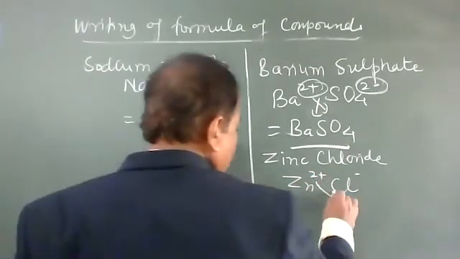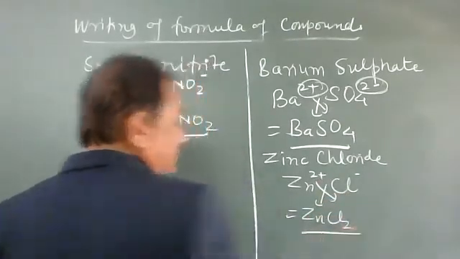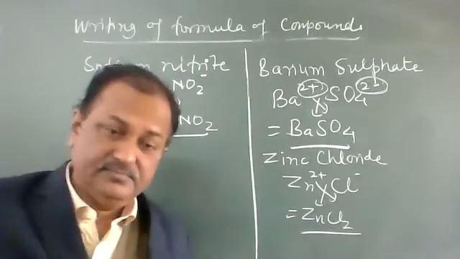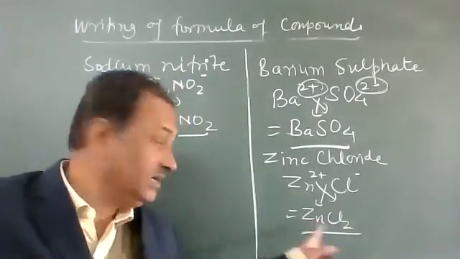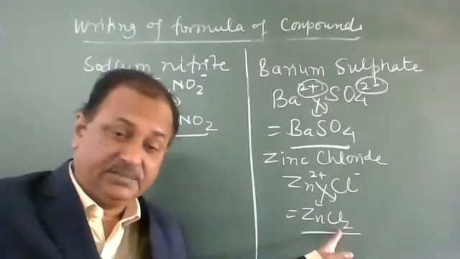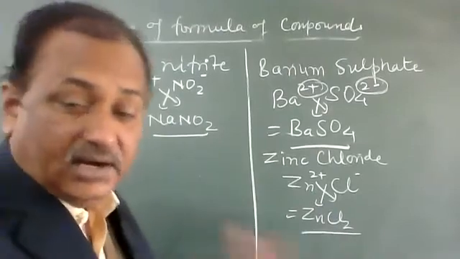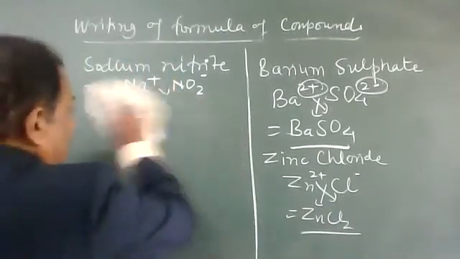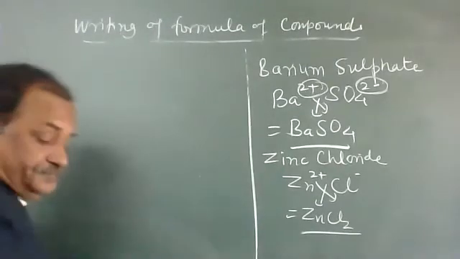So it will be ZnCl2. In this, 1 zinc ion is present and 2 chloride ions are present. So this is the simple meaning of how we write down the formulas of different compounds.